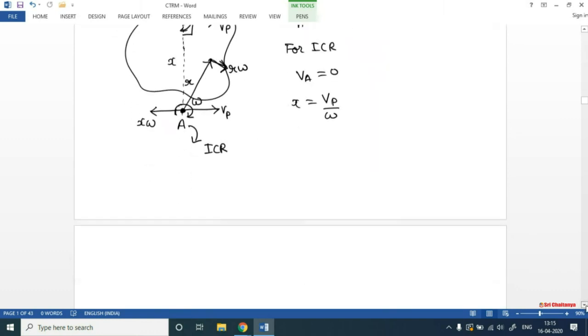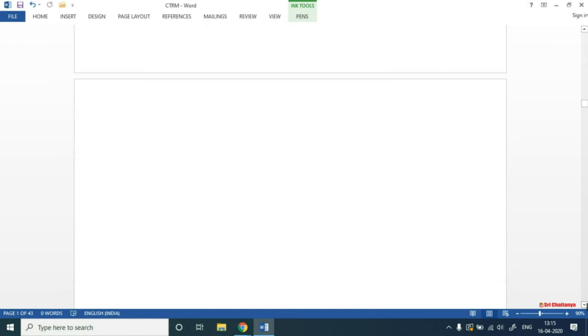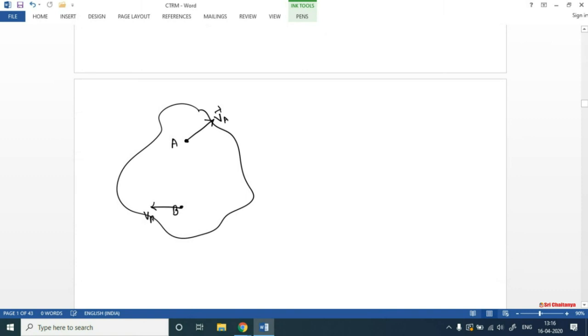Another method of finding the instantaneous center of rotation: let's say we have a rigid body and somehow we have found the velocities of any two points, point A and point B, on the rigid body. Let's say the velocity of point A is in this direction, this is VA, and the velocity of point B is in this direction, VB.